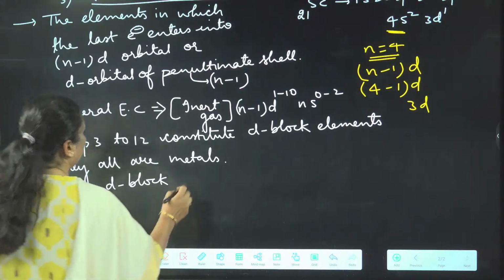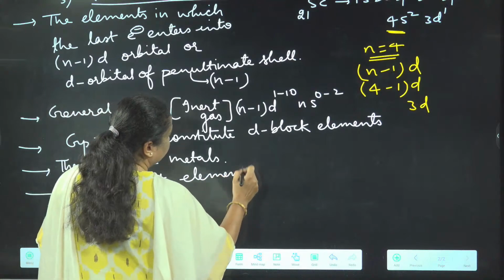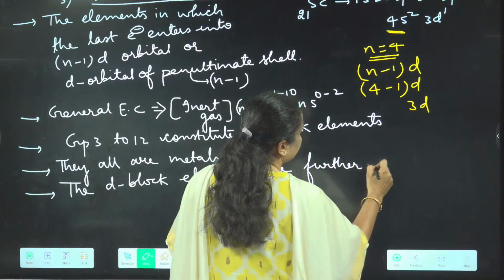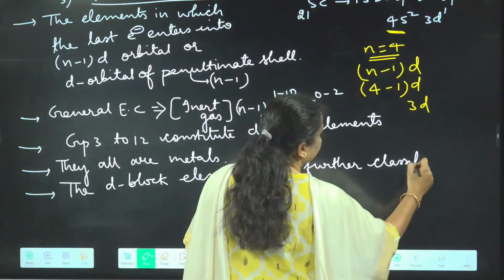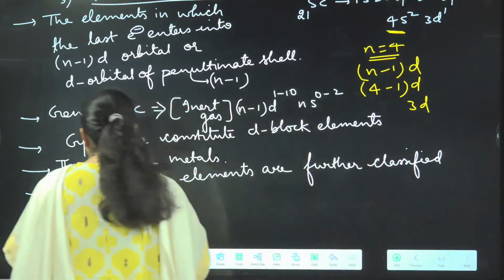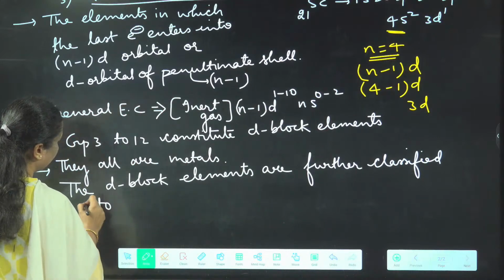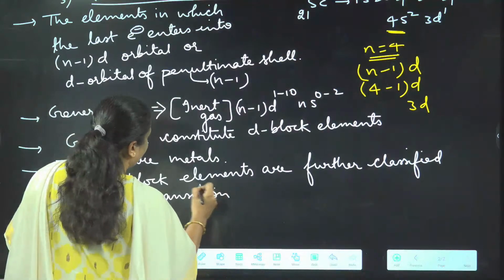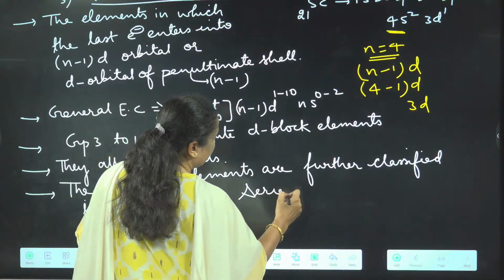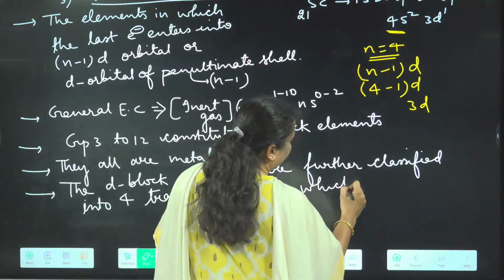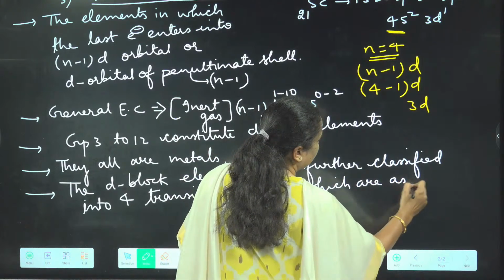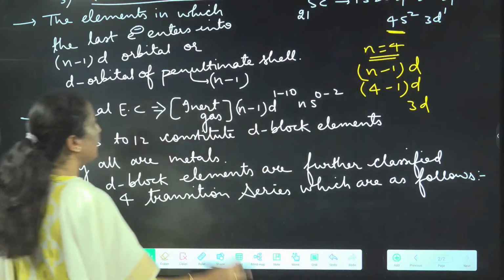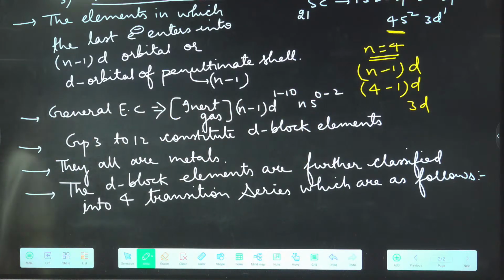The D block elements are further classified into 4 transition series, which are as follows. Right? So first finish writing this, then we'll proceed further.